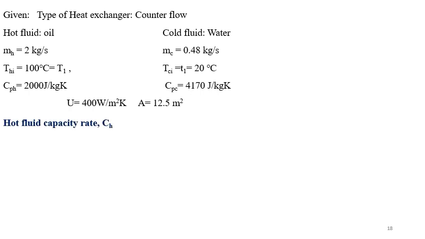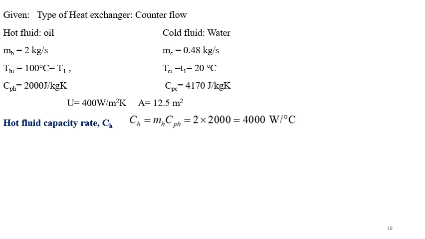For this we have to calculate the heat capacity rate of the hot fluid, CH. It is equal to mH CpH. Okay, CH is equal to mH CpH, which is 2 into 2000, equal to 4000 watt per degree centigrade.